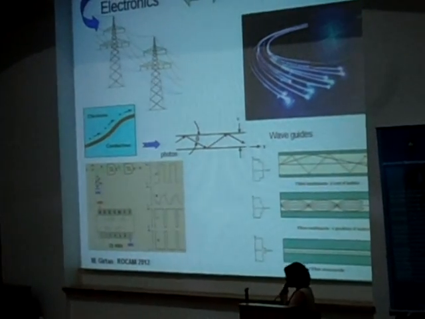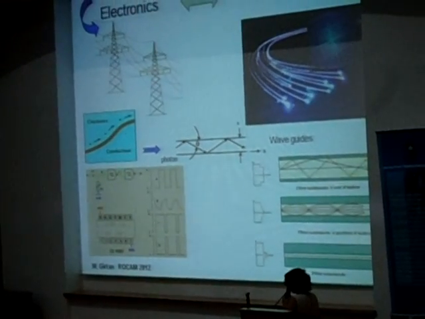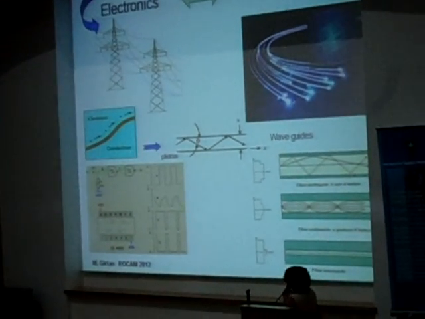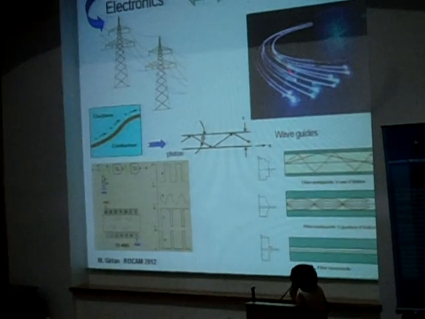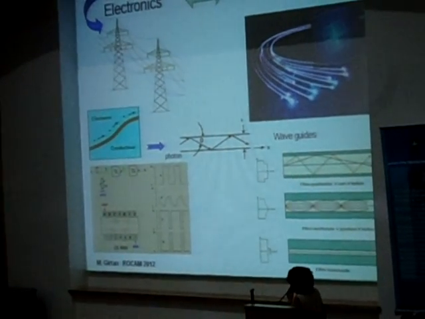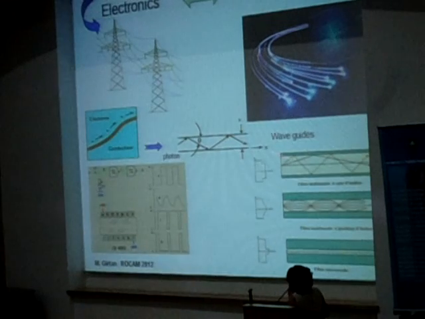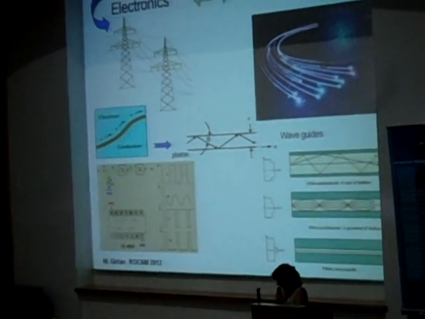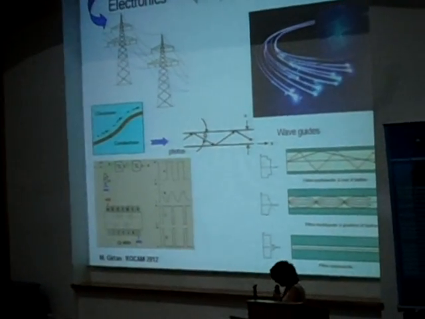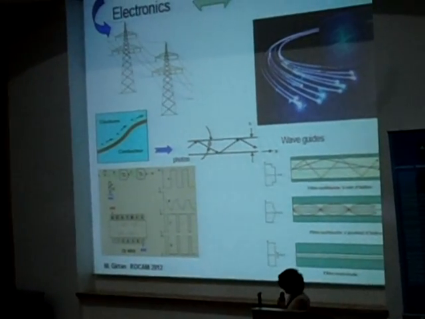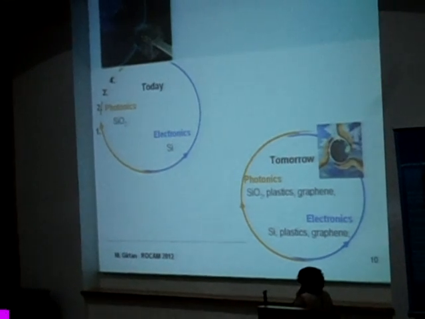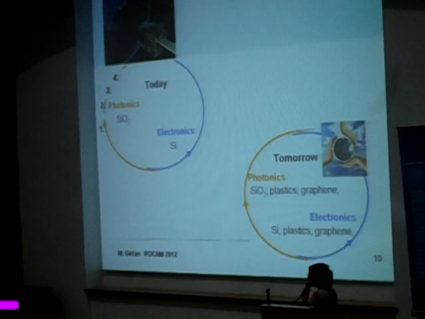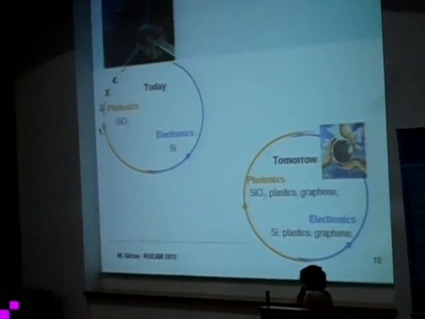So let's have a look at these two sciences, electronics and photonics, and we see there is a lot of similarity. We have cables, we have optical fibers. Here the charge carriers are electrons, here the information carriers are the photons. So we can imagine maybe that tomorrow we will have computers not using electrons but using photons.